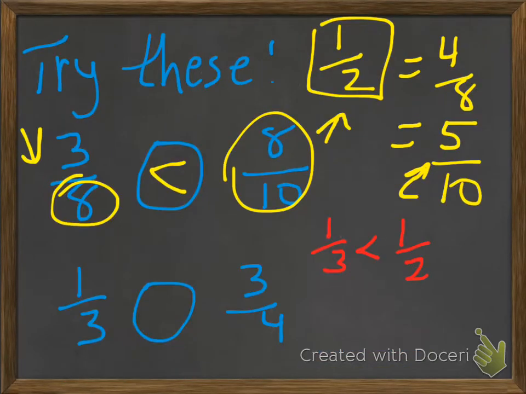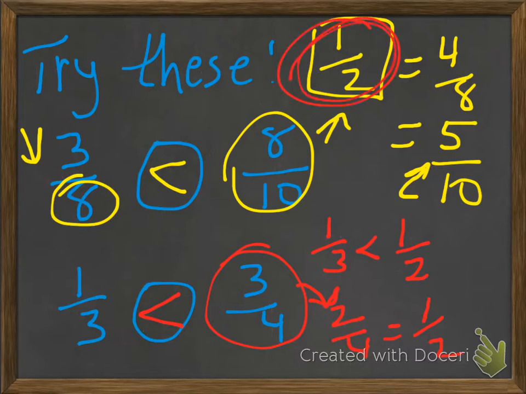And then, of course, 3/4, we know that 2/4 is the same as 1/2. And since we have 3/4 here, which is more than that, that means 3/4 is greater than 1/2. So that's how we'd go here. So 1/3 is less than 3/4, and all we did is compare it to our benchmark fraction.